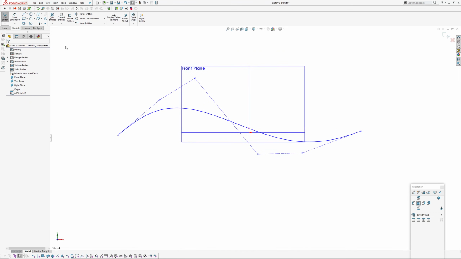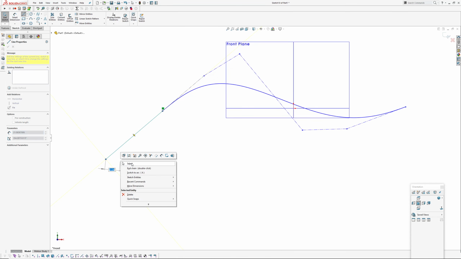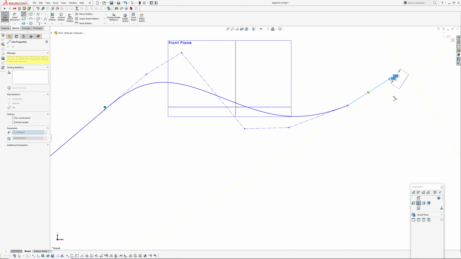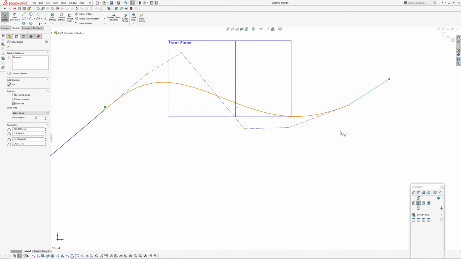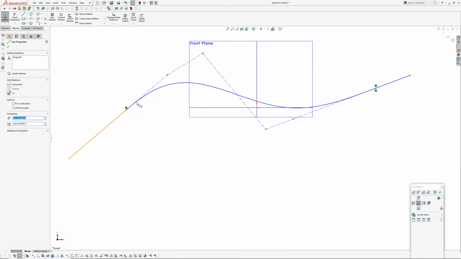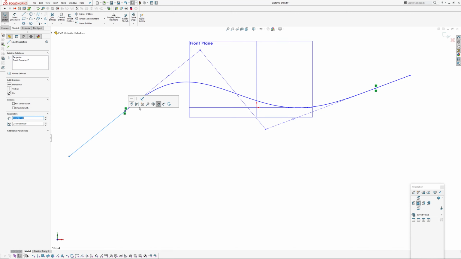So if I'm going to create equal curvature and equal curvature. I'll just freeze these lines.